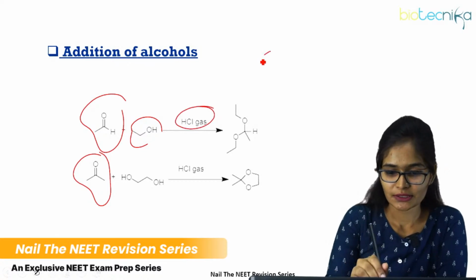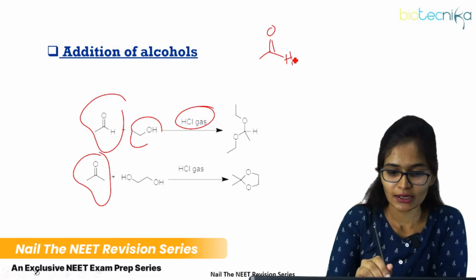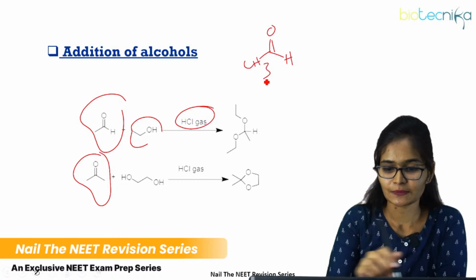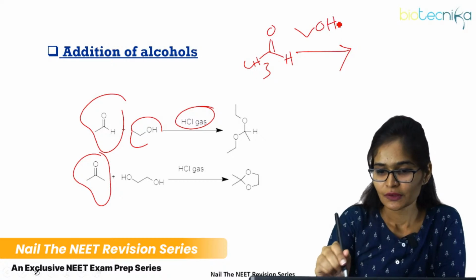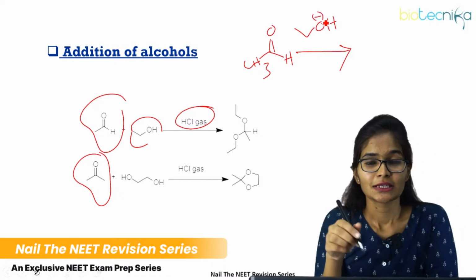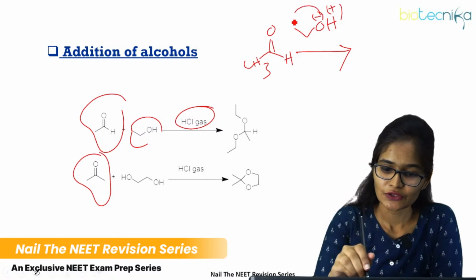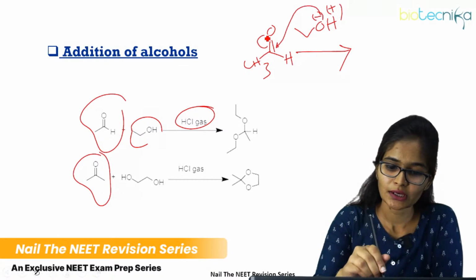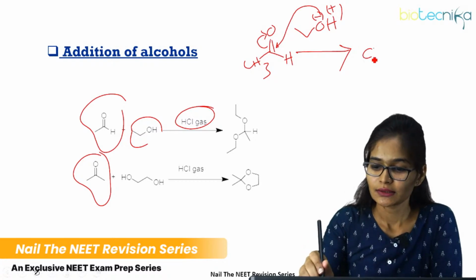There will be a carbonyl group with H on one side and CH3 on the other. Now you have alcohol, ethanol, which can split as C2H5O− and H+. This C2H5O− will go and bind to the carbonyl carbon, which is electron deficient.